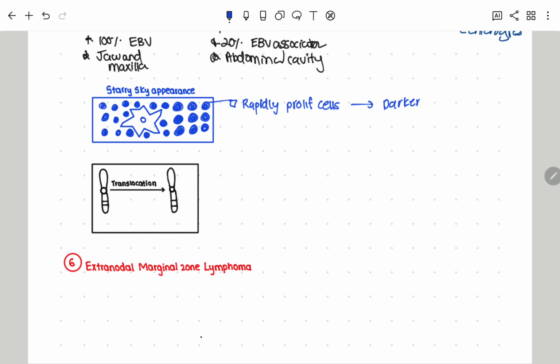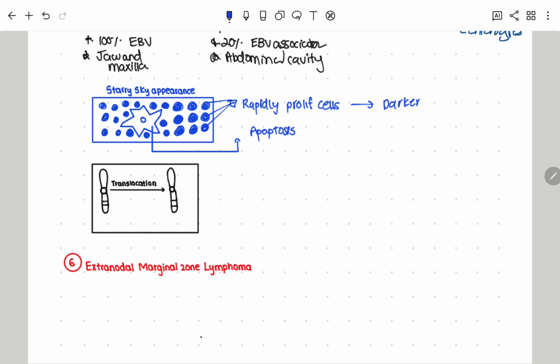In fact, it's this bit that is like that. So these cells, whereas you can also find the presence of apoptotic bodies taking place.